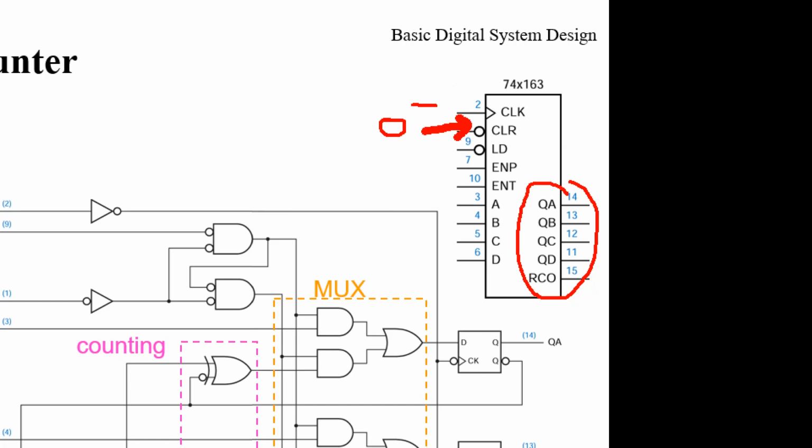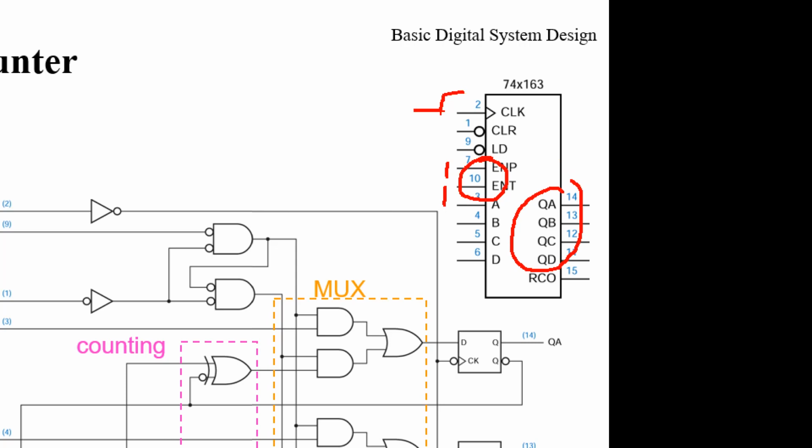It must wait for the clock tick. Or if you want to count up, you just send 1 to the enable of the counter, but it doesn't count up immediately. It must wait for the clock tick.